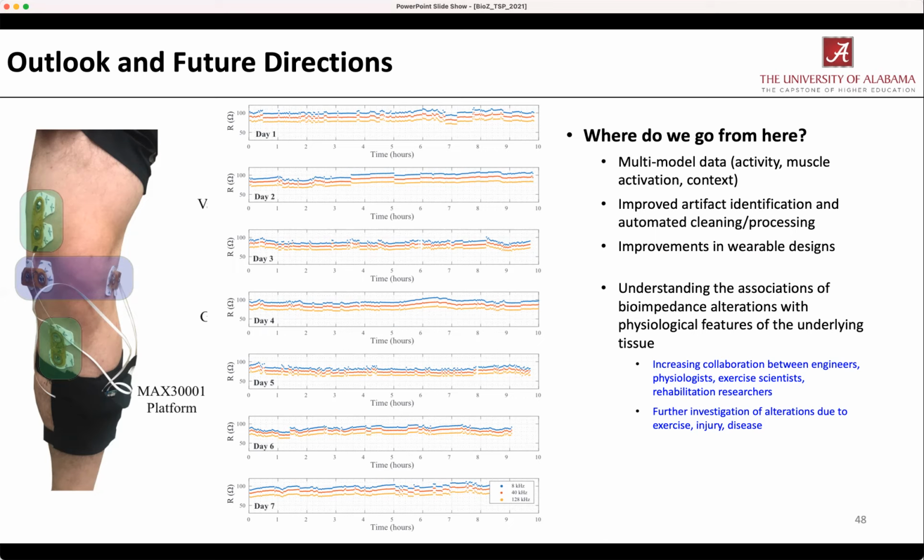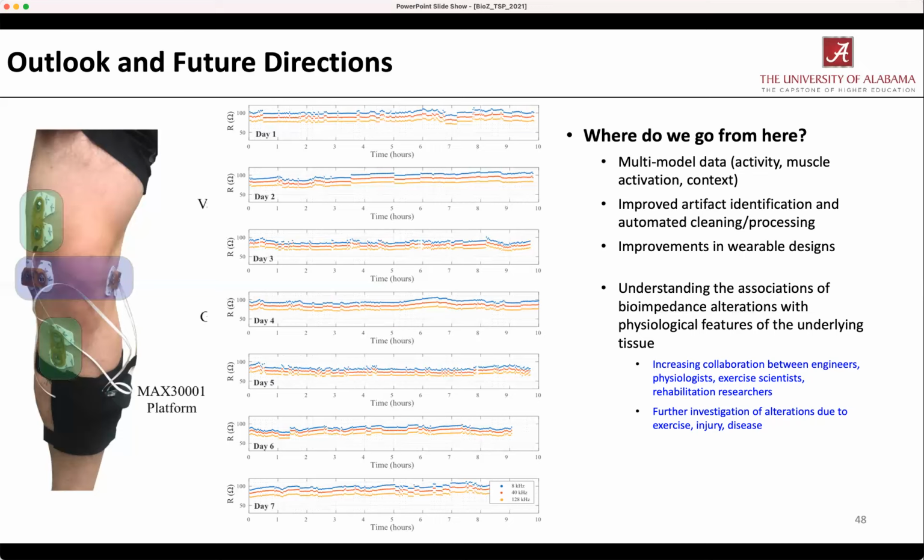And then the really big reach that I think is really important is we have all this instrumentation. We are excellent. And when I say we, I mean the groups that are designing instrumentation are doing amazing jobs at high quality designs, accurate data. We can collect bioimpedance data, but we really need to work with interdisciplinary groups to connect what our bioimpedance data is saying about physiological features of the underlying tissue.